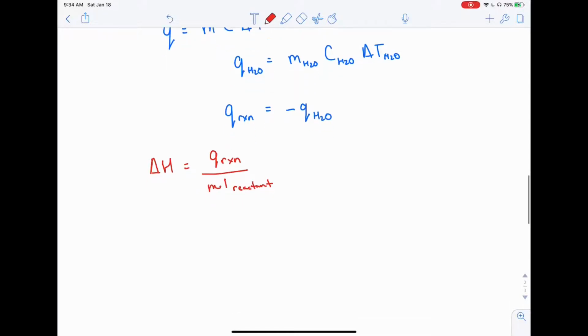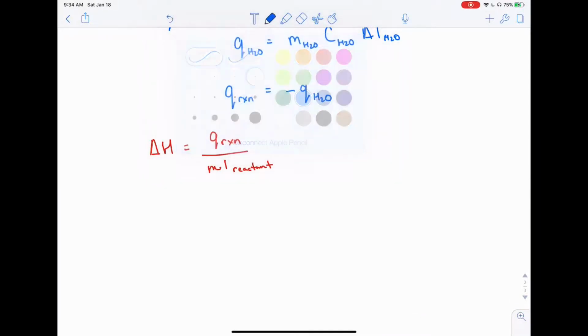Now, an aside is this. Again, this is where understanding your units is really important. Sometimes the problem will give you just what's called heat capacity. And heat capacity is measured in joules or kilojoules per degree Celsius.